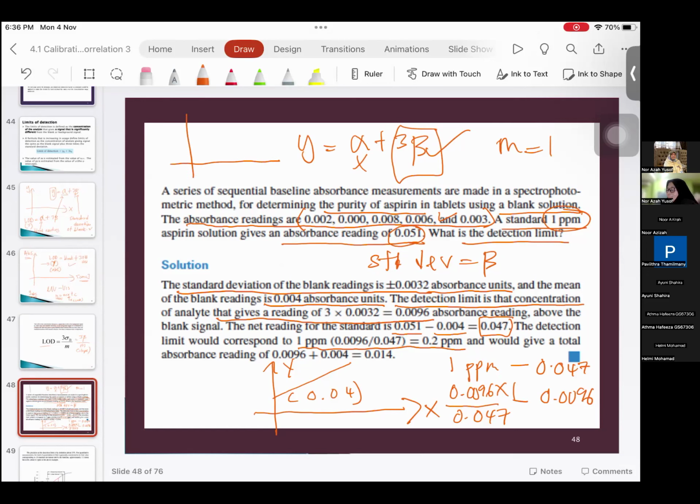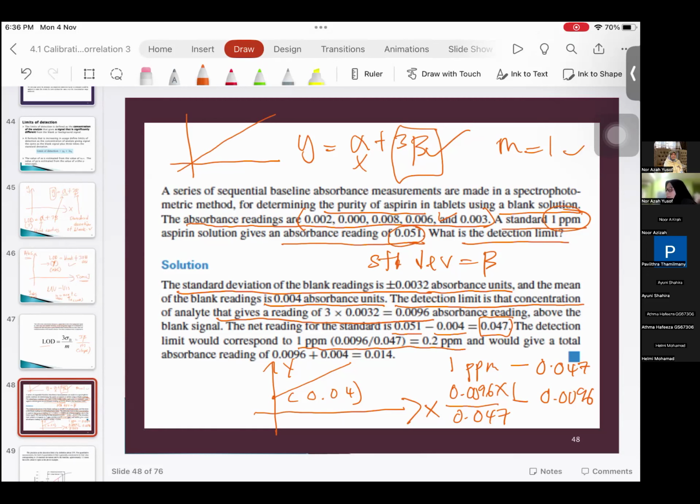Originally it is here, but since the value of 0.051 has been subtracted with the blank value, if you replot, it's the intercept. Probably m is 1, I don't know, but they just use 3 beta.